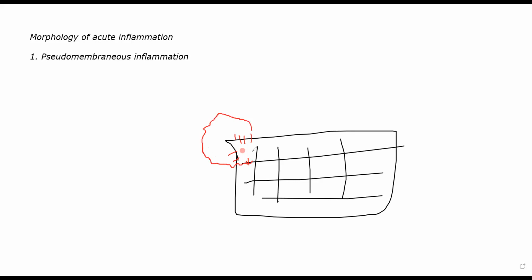In this damaged cell, coagulation starts to happen. Specifically, if you see it in an image, let's suppose someone's forearm got injured and pseudomembranous inflammation is occurring there. How it will look is, let's suppose this is someone's forearm.